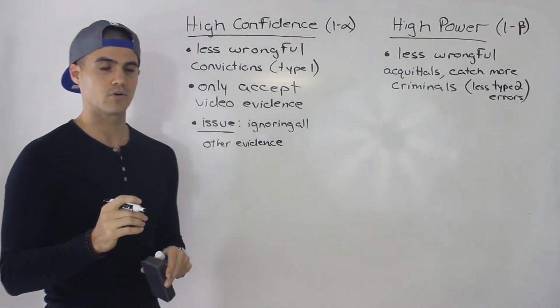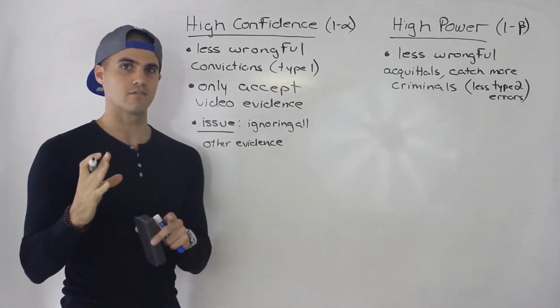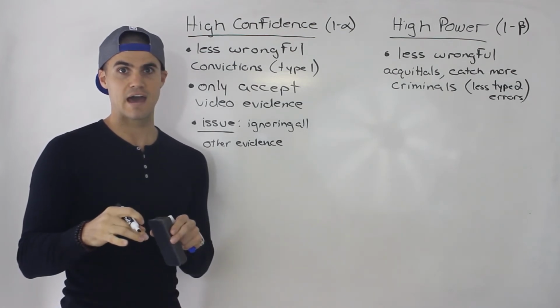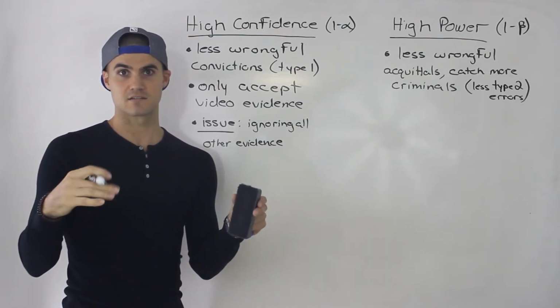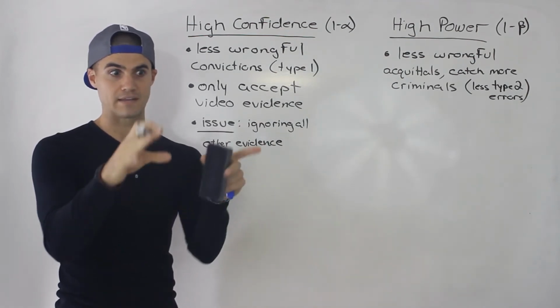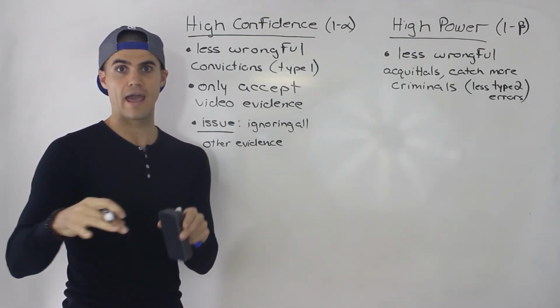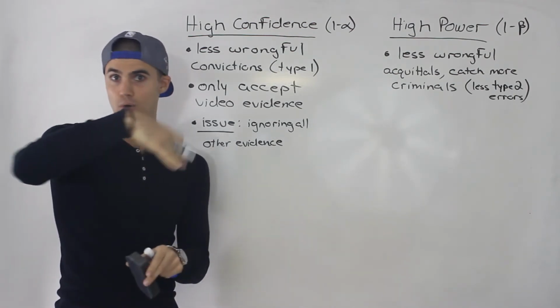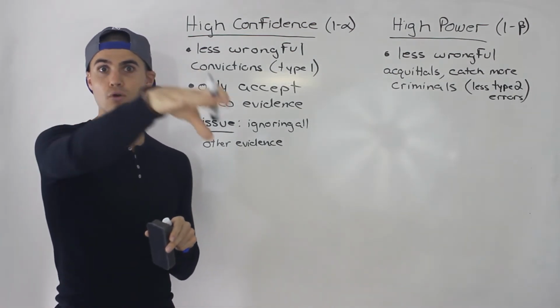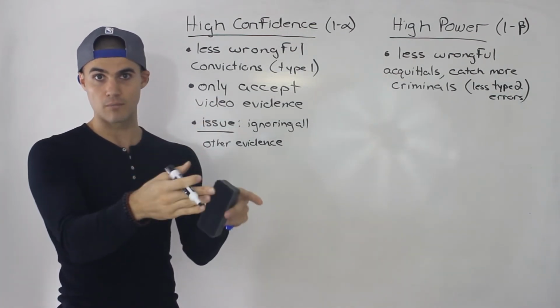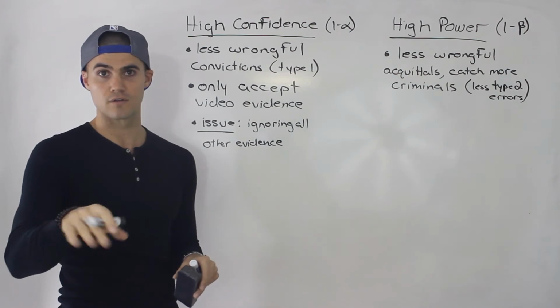So for example, let's say there's no video evidence of a robbery happening, but let's say that there are 10 witnesses that saw someone go into a store and rob the store and then leave the store in a car, and those witnesses have no bias, so the witnesses don't know each other and the witnesses don't know the person who robbed the store. They all saw him go in, rob the store, get out, drive off.